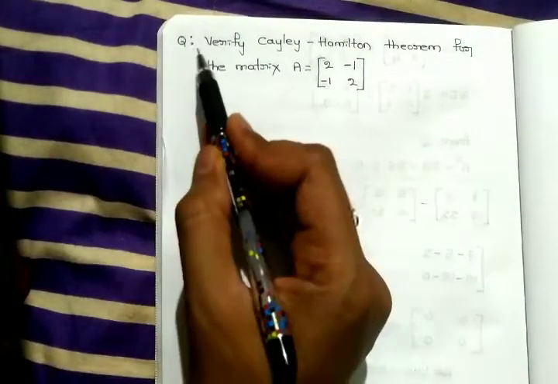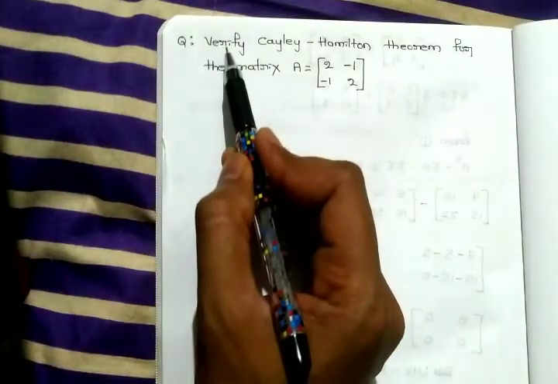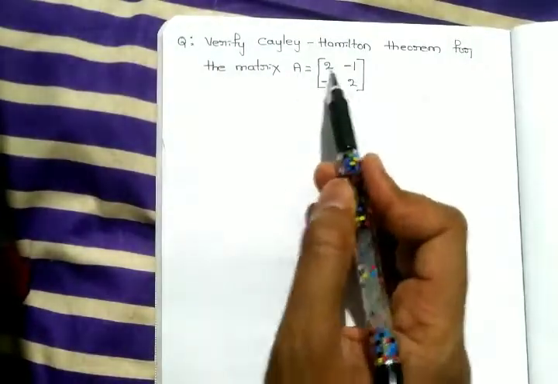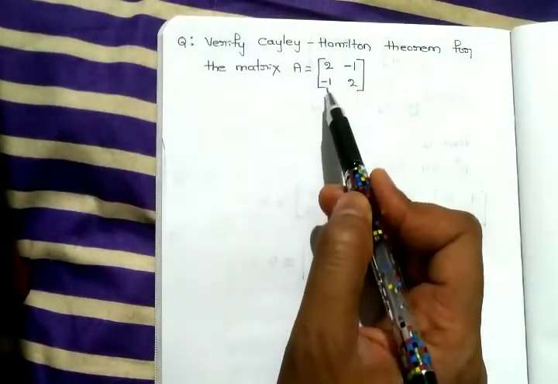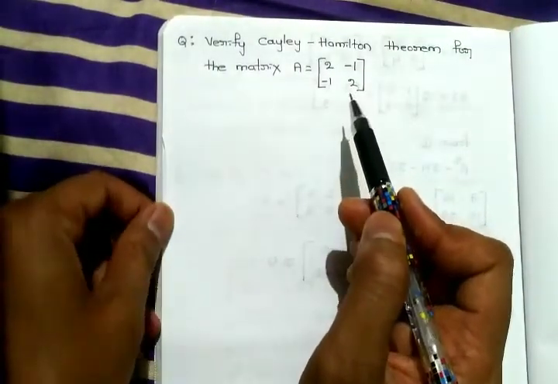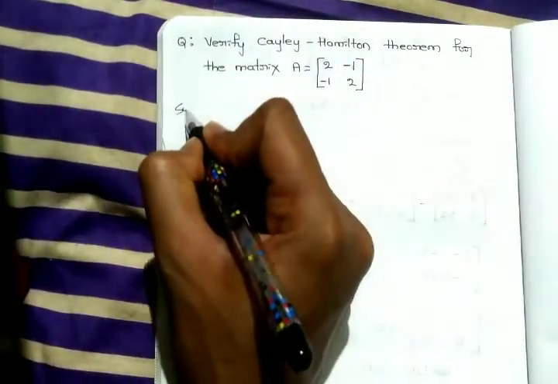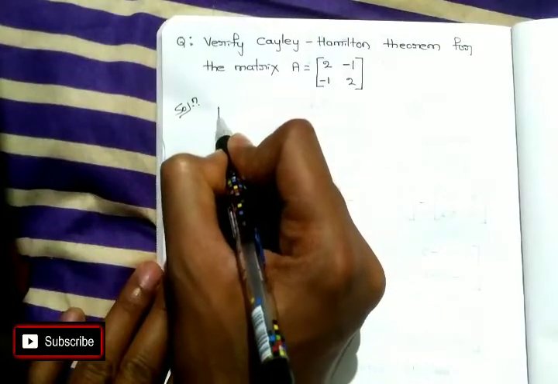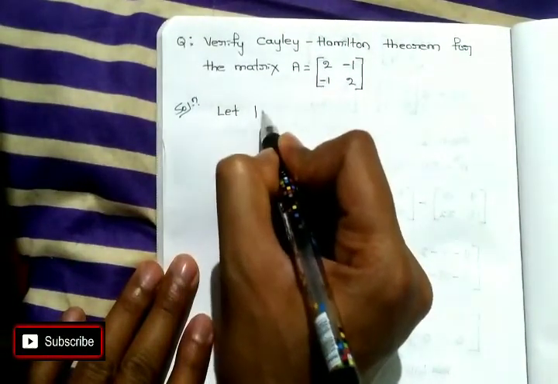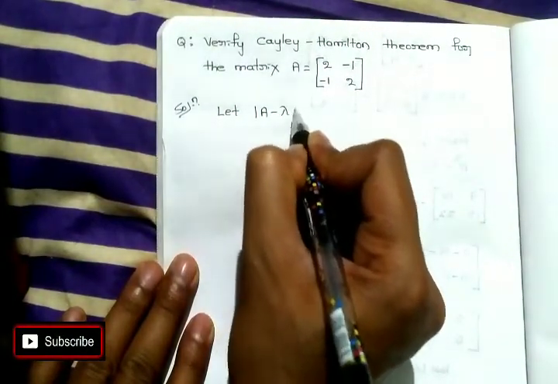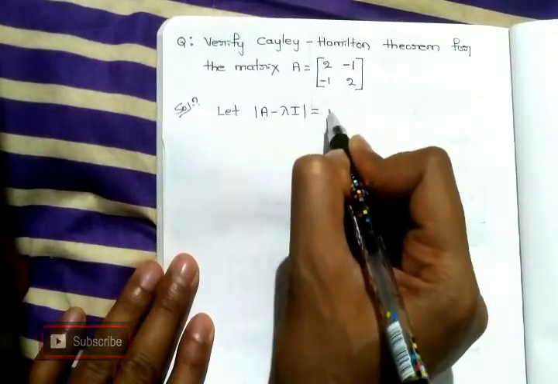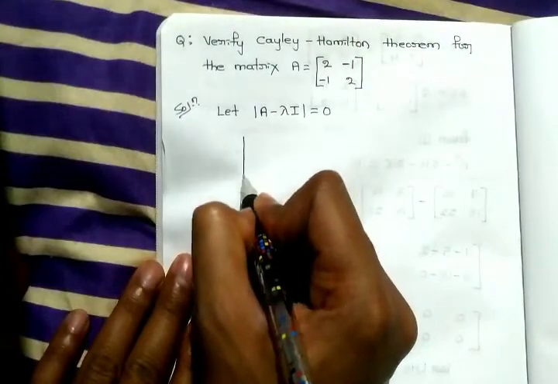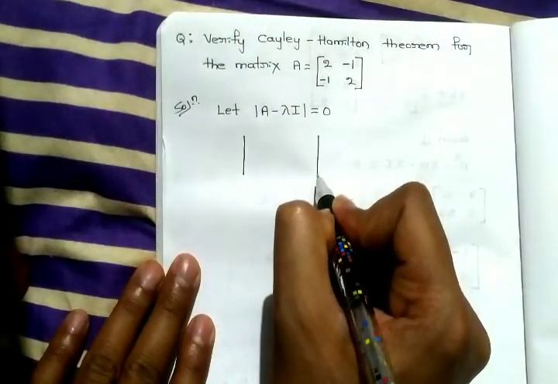Next example. Verify Cayley-Hamilton theorem for the matrix A is equal to [2, -1; -1, 2]. Solution. First, again the same, write down the formula. Let determinant of A minus lambda I is equal to 0. Next, keep the determinant symbol as it is.